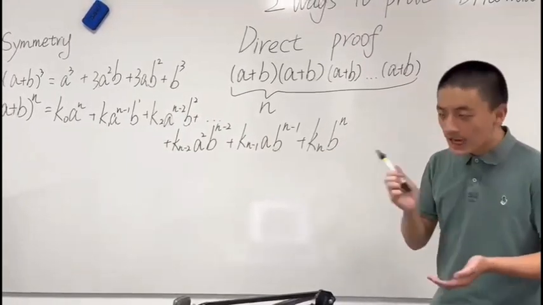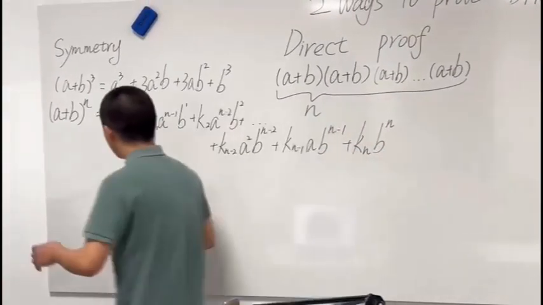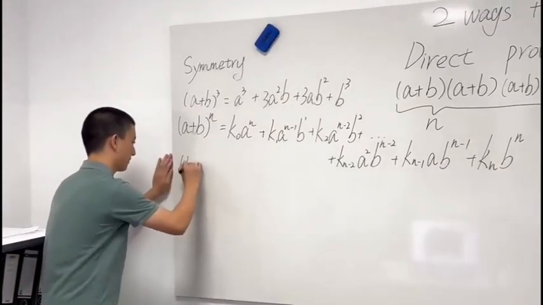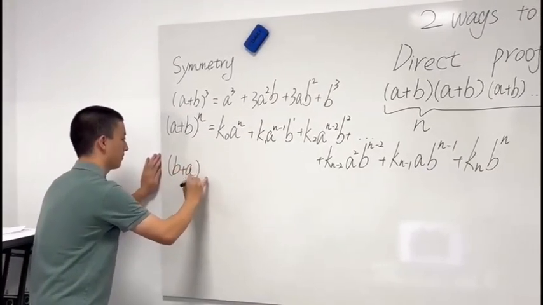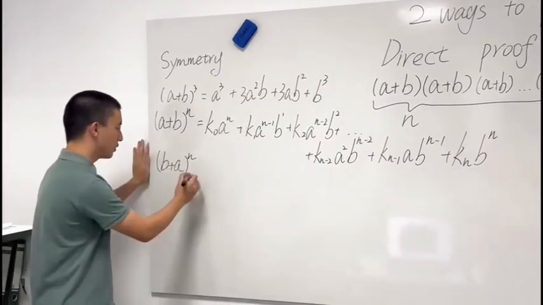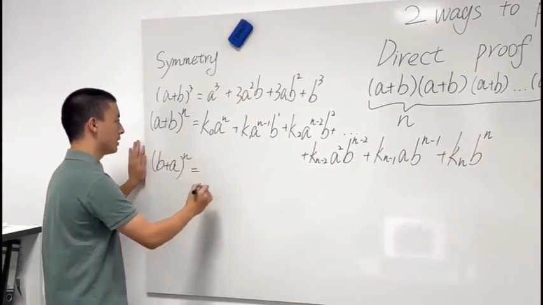But the next thing I want to do is change the position of A and B. So look. According to the formula here, we know that (B plus A) to the power of n should equal the same expansion with A and B swapped.